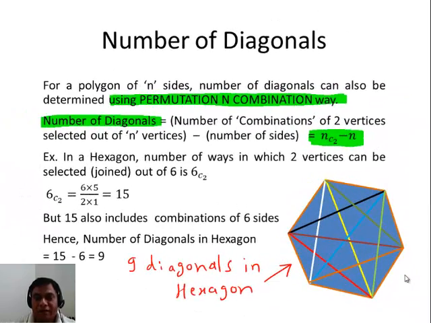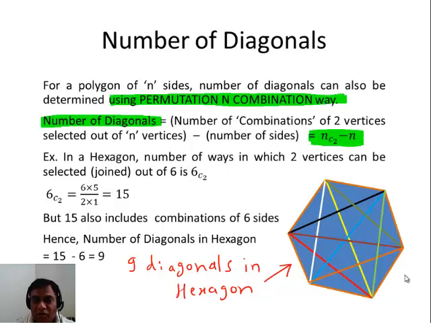The number of diagonals can also be determined by the method of permutation and combination. Here, to count the diagonals, we will count the combinations of 2 vertices selected out of n vertices, and from that we will subtract the number of sides. If there are n vertices, a diagonal can be formed by selecting any 2 vertices.